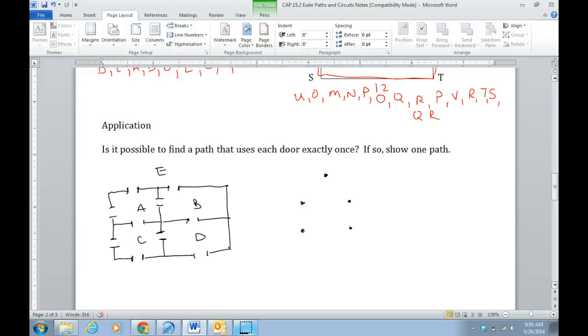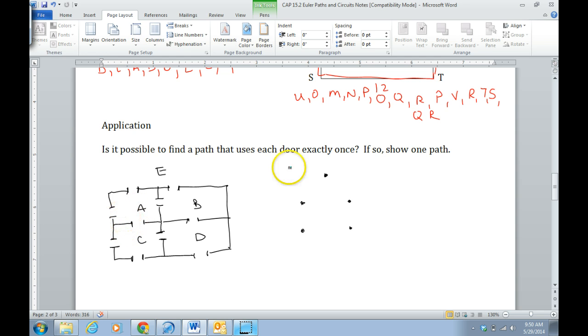You wouldn't actually go into it. Some rooms only have one door, right? In the case that we have here, all of the rooms have more than one door. Okay? So is there a way to find a path that goes through each door once? The other thing is, when you go outside the house, you can only go to E. You can't go from C to A outside. That's another rule in this case.